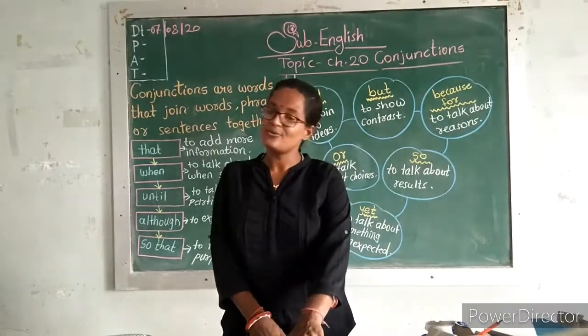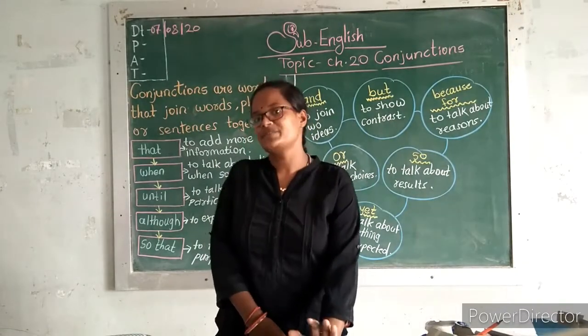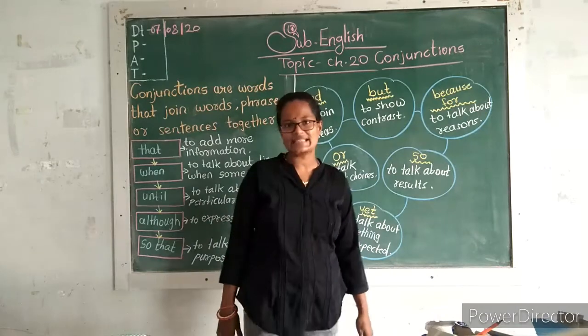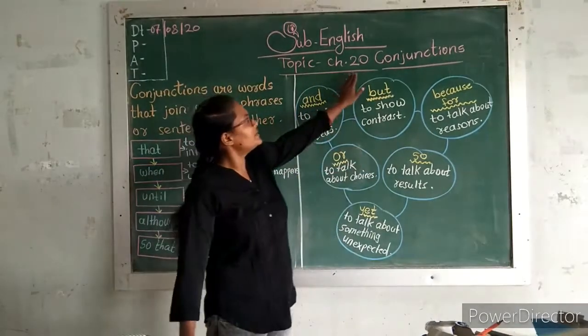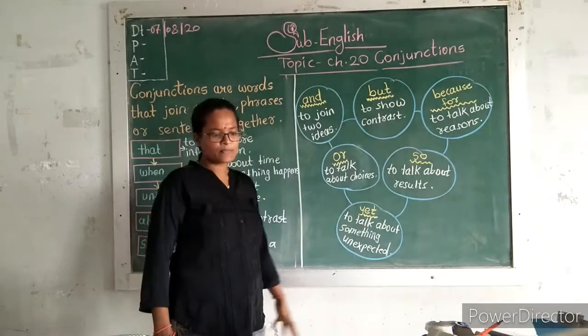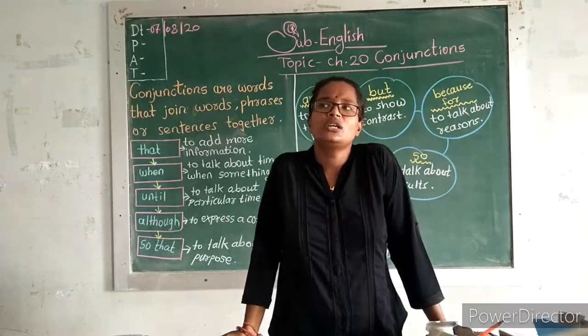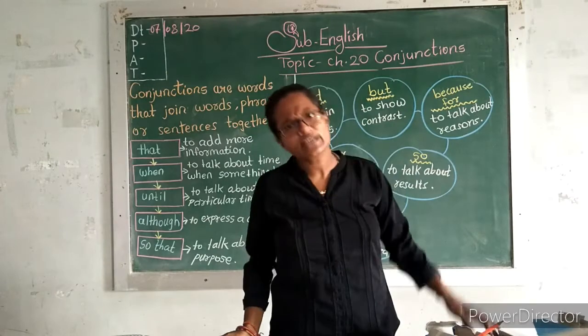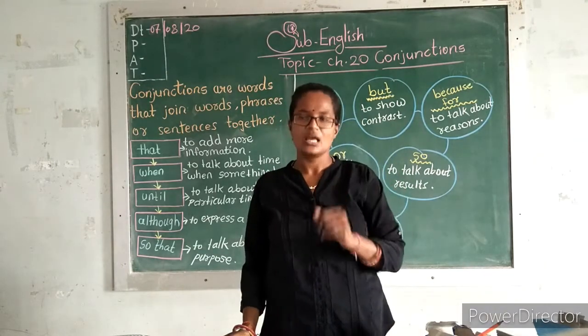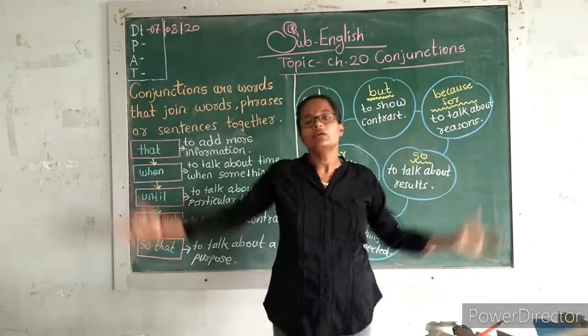Today we are going to revise the last chapter of our term 1 exam, chapter number 20, conjunctions. As you know, while speaking, sometimes it happens that we forget to add something, and we want to merge our thoughts.